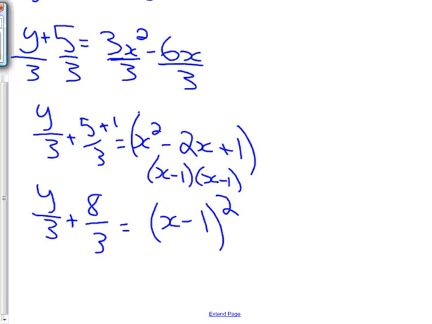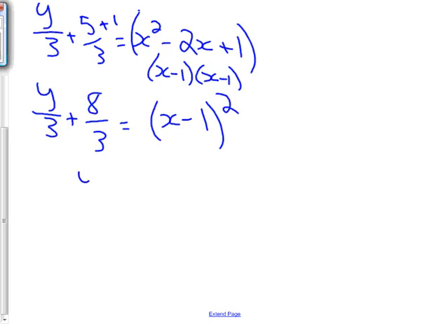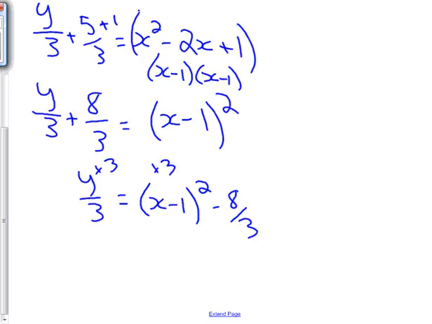Which we wrote. So now we move that 8 over 3 over to the other side. We're going to get y by itself. We times everything by 3. And then what are we left with? y equals 3 bracket x minus 1 squared minus 8.